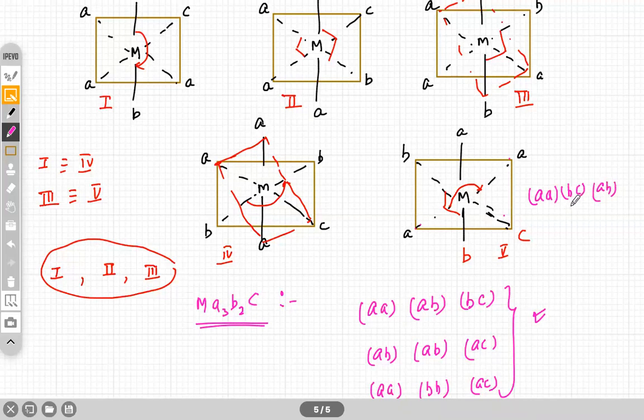Whether you write BC here or AB here won't make any difference. This arrangement we can draw like this. Did you get my point?